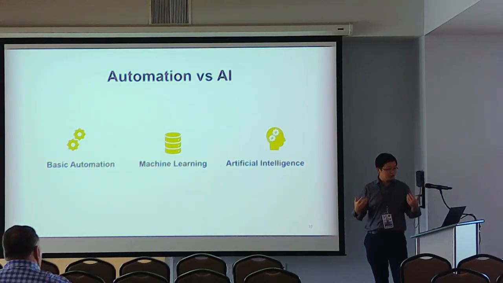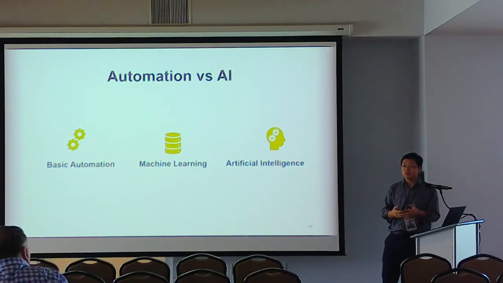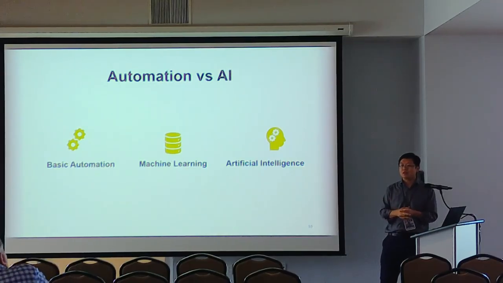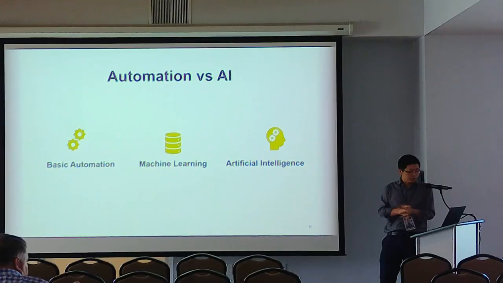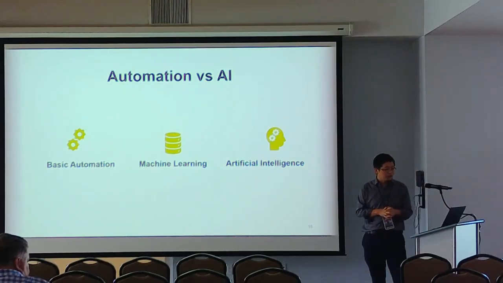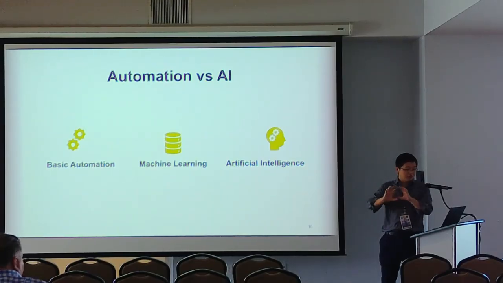Basic automation, like a rate limit, is human-defined logic, pre-built, not dynamically changing. It's like putting a rule there: if this IP appears 10 times in 5 minutes, do something. It's a very fixed way of defining the logic for the machine to run.